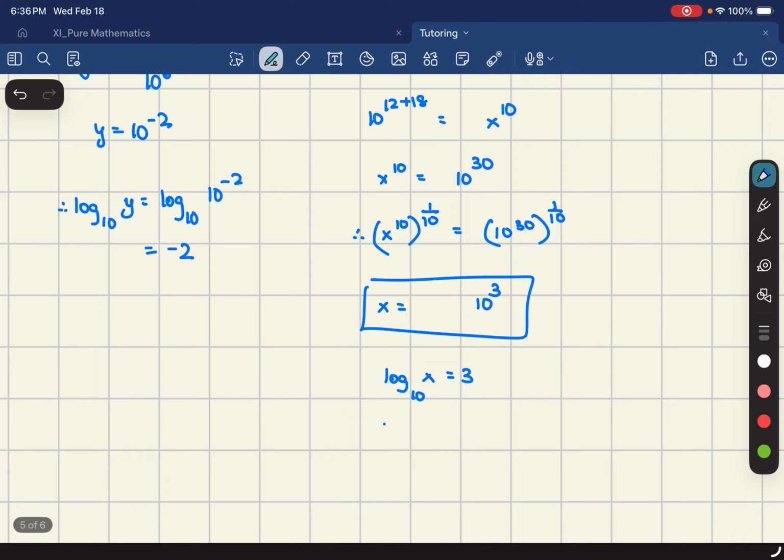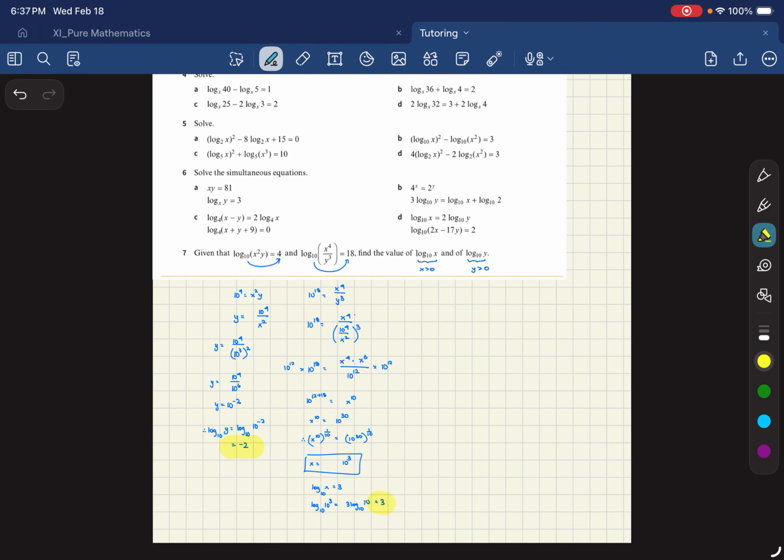And log base 10 of x comes from the fact that x is 10 to the power 3, so this is 3 times log base 10 of 10, which is just 3. So there you have it. Your answers are negative 2 and 3. Let me just quickly check it for you. Yes, y is negative 2, and x is 3.